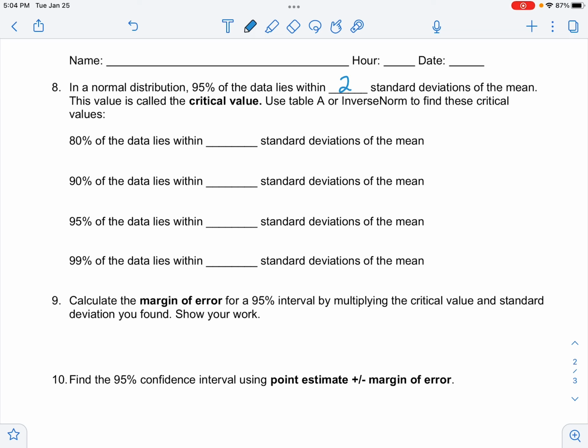So now, as we move on, we want to become more accurate in our calculations, especially when we are determining confidence intervals, right? If I want to be confident, I don't want to round too much. So now this value, the number 2, is what is called a critical value. Critical value tells you how close or far you are from the mean.